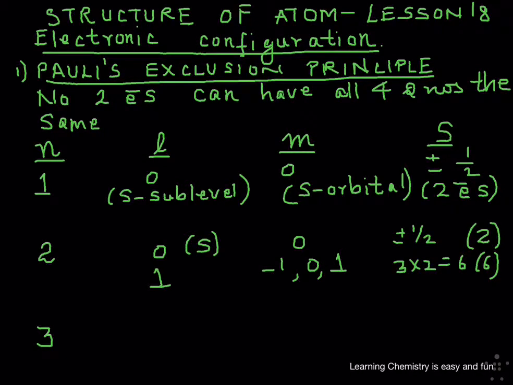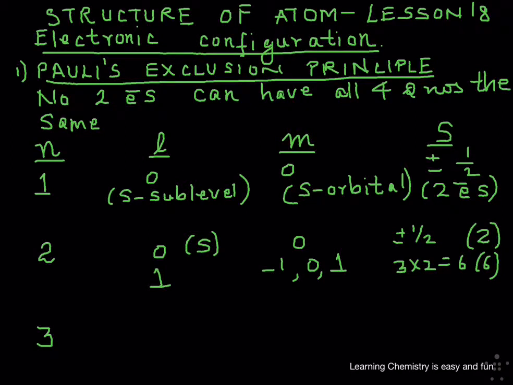So, the value of l will be 0, s sublevel. This has only one orbital because the value of m is 0. The number of values of m gives us the number of orbitals in any sublevel.